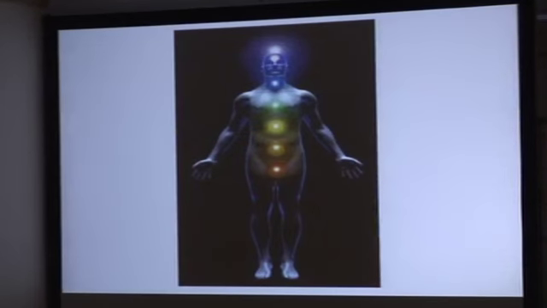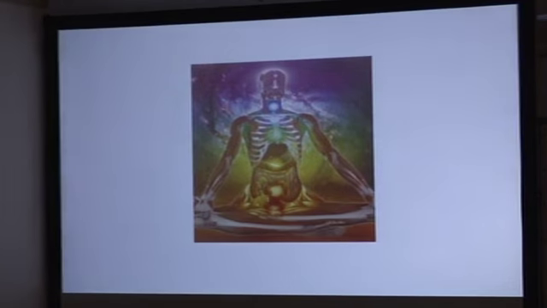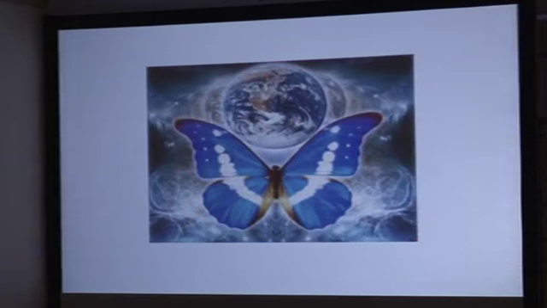It's interesting that these teachings of the Egyptians were very similar to ours. I want to show you this last slide. The butterfly, the winged Osiris, is another allegory of the human going through a transformation process.